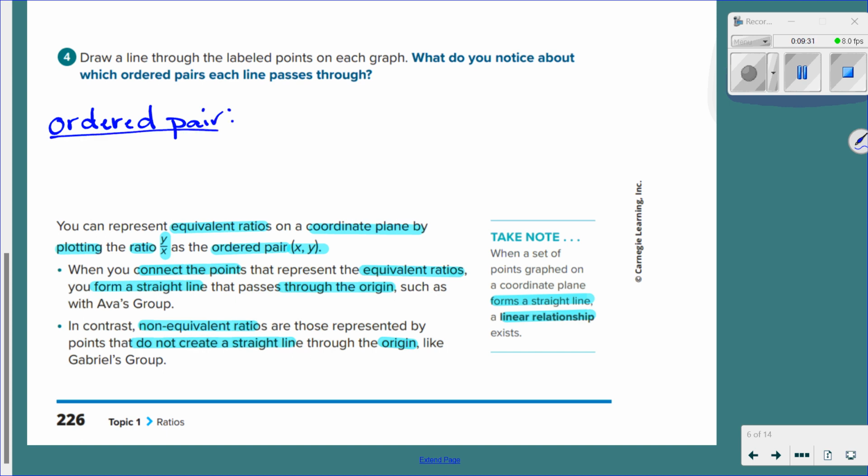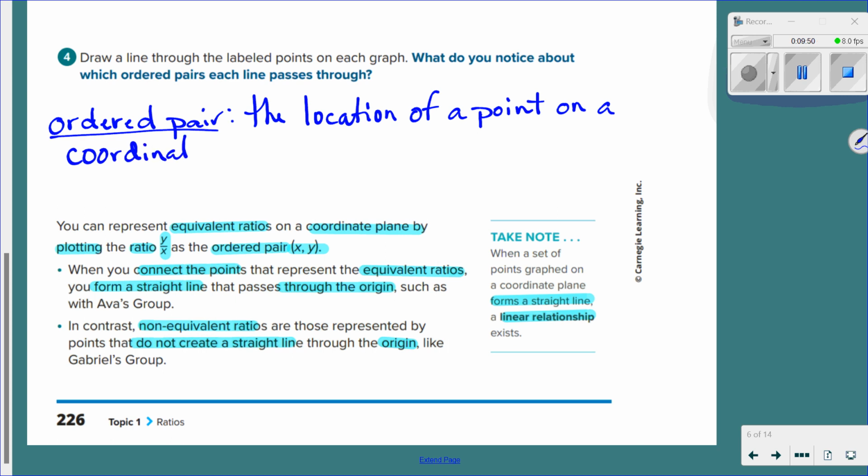So an ordered pair is the location of a point on a coordinate plane, written as (x, y). And this is extremely important that you write down exactly how it's written, because this will never change.